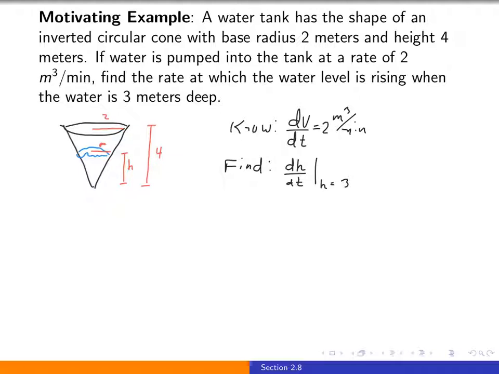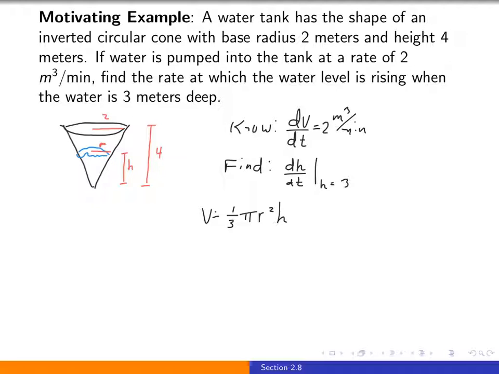So what we need then is an equation relating the quantities V and h. A common formula that we've probably seen in a past class is the volume of a cone with radius r and height h. And that formula is that the volume is equal to 1/3 pi r squared h.